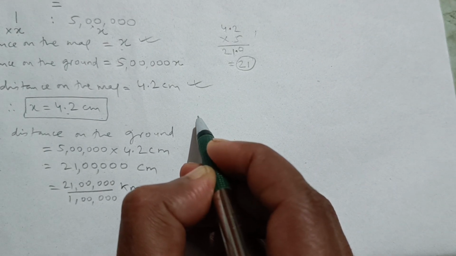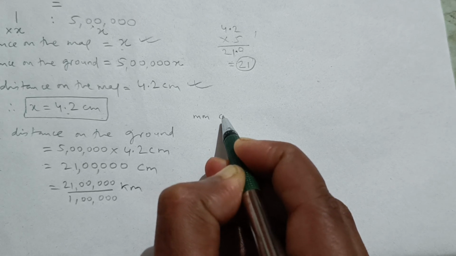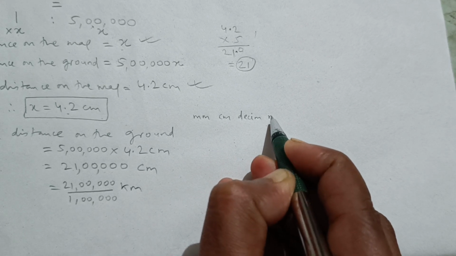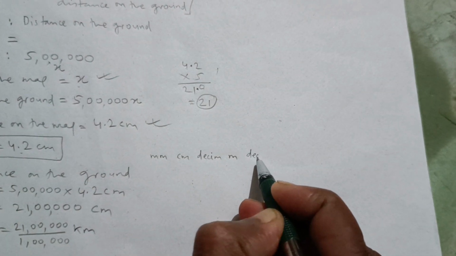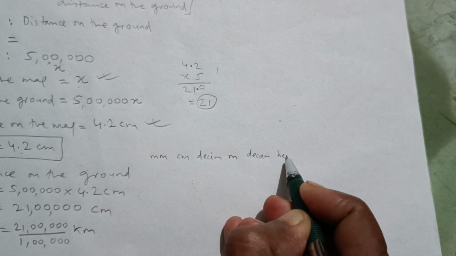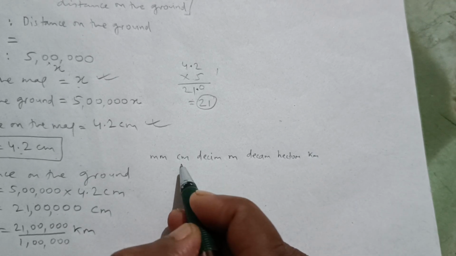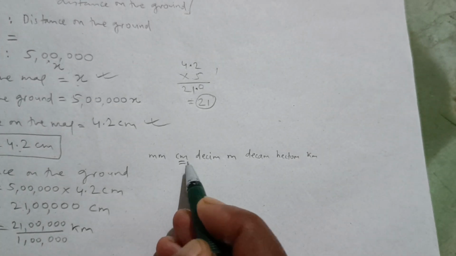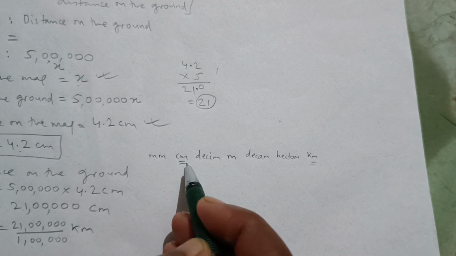Let us write the units of distance: millimeter, centimeter, decimeter, meter, then after meter, decameter, hectometer, and then kilometer. We are converting from centimeter to kilometer, so we have to keep on dividing.